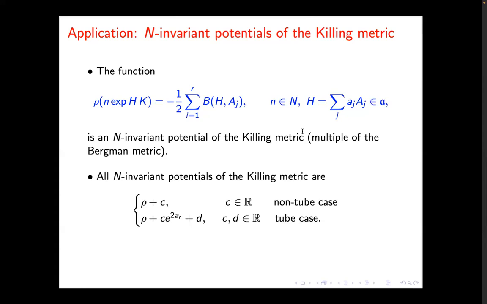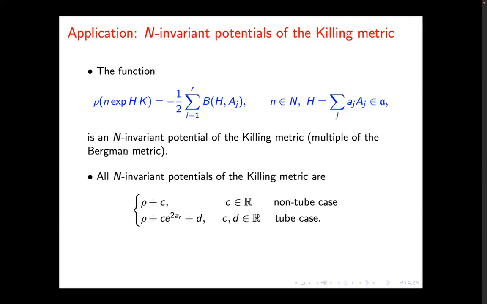We just have a direct expression in terms of, here, this element in G mod K, X, and H is an element in A, K is the maximal compact, and B is the Killing form. So this is completely Lie theoretical.